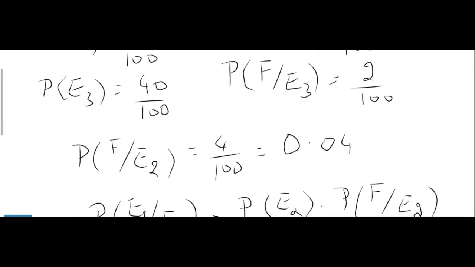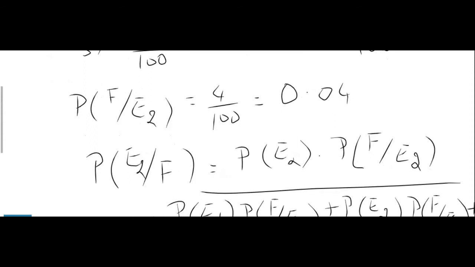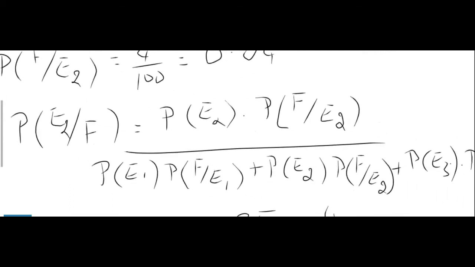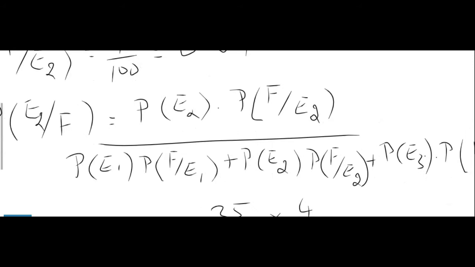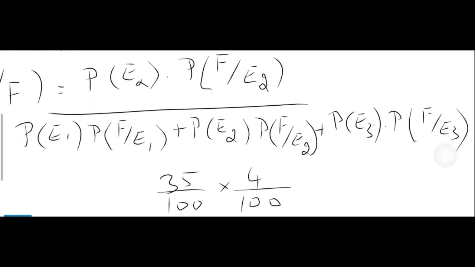Now, we are asked to find P of E2 by F. For this you can apply the Bayes theorem. P of E2 into P of F by E2 divided by P of E1 into P of F by E1 plus P of E2 into P of F by E2 plus P of E3 into P of F by E3.